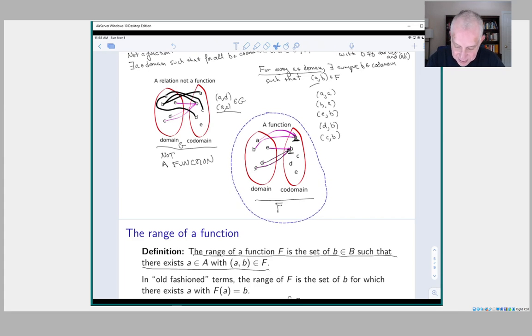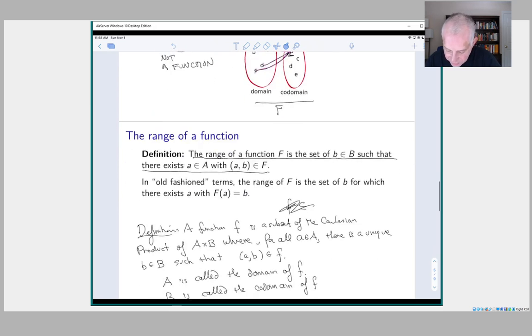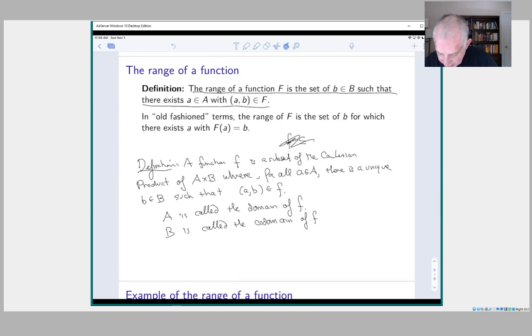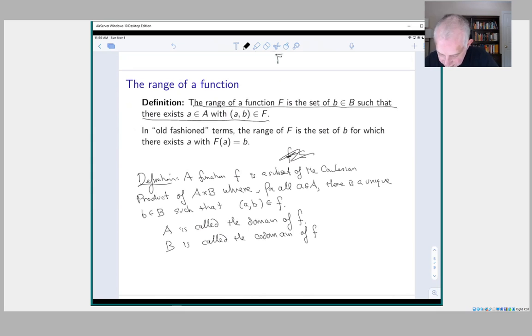But if you remember that picture, in this picture, the points that don't occur in any ordered pairs don't make up the range.